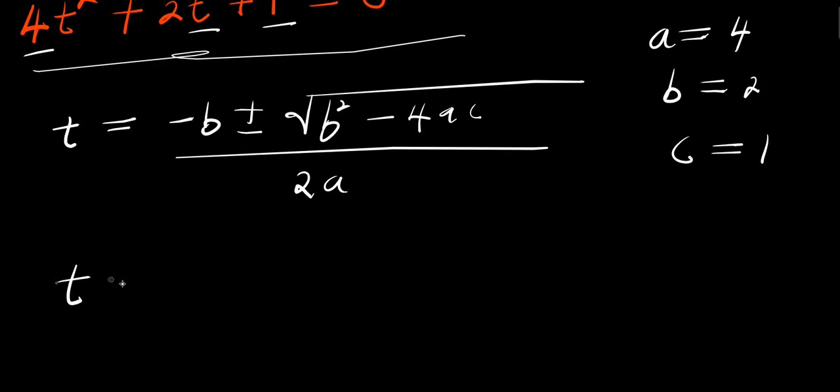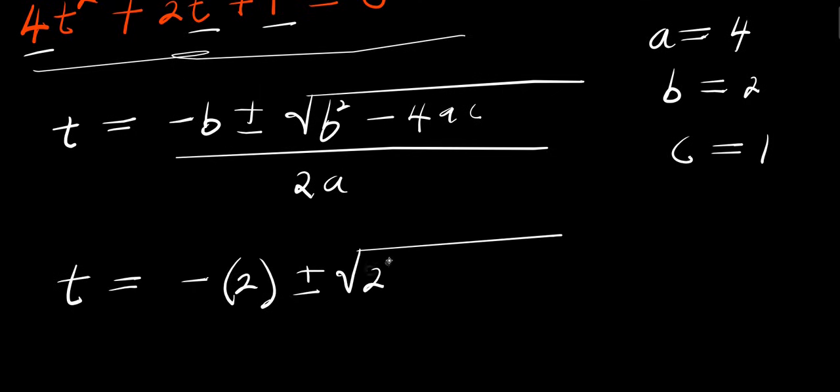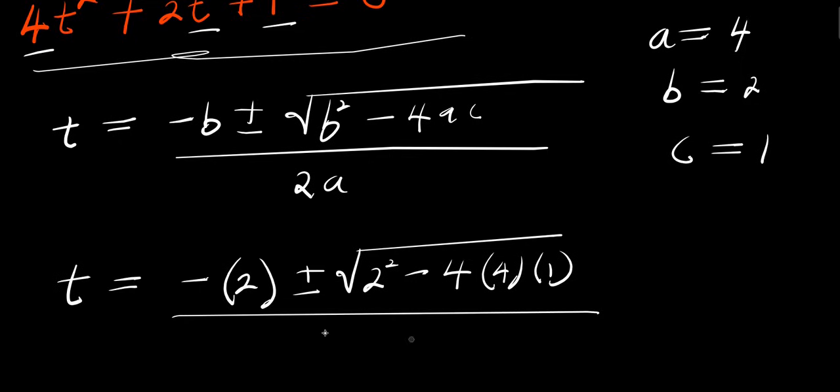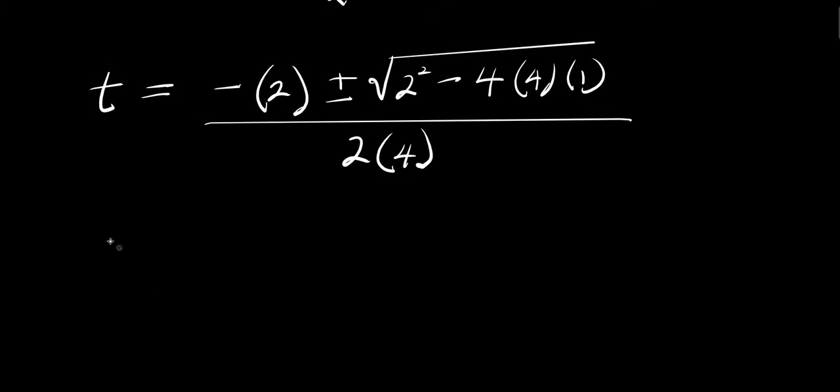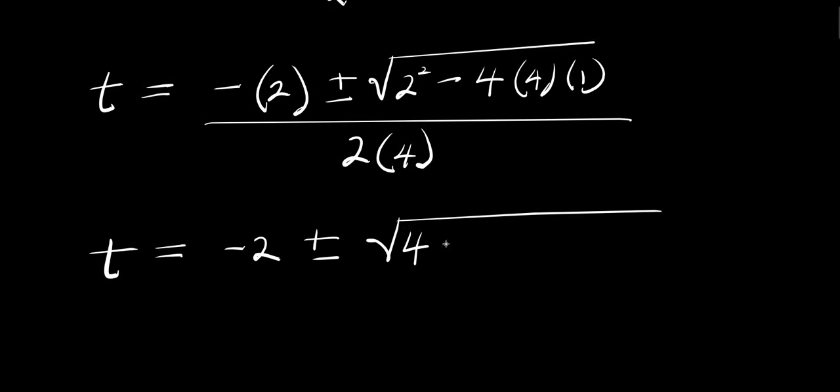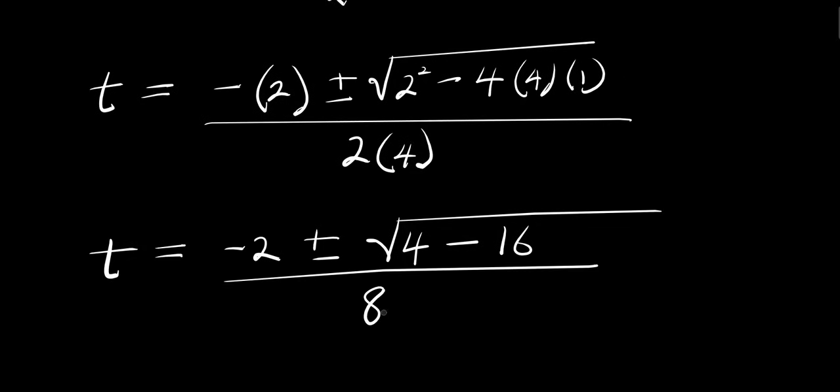From here, I have t equals negative b, that is negative 2, plus or minus square root of 2 power 2, minus 4 times 1 times 4, divided by 2 times 4. From here, I have t equals negative 2 plus or minus square root of 4 minus 16, divided by 8.